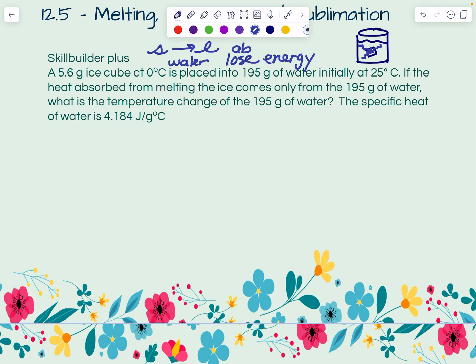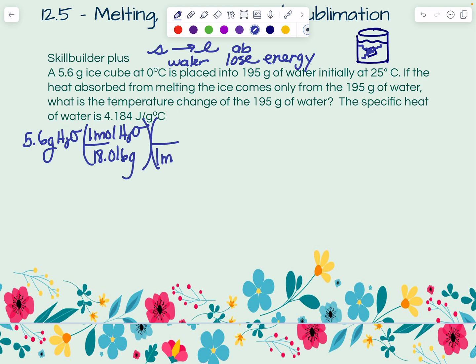So the first thing I need to figure out is when this 5.6 grams of water in the ice cube melts, how much energy does it absorb? I know 1 mole of water is 18.016 grams, and 1 mole of water will absorb 6.02 kilojoules of energy as it melts.